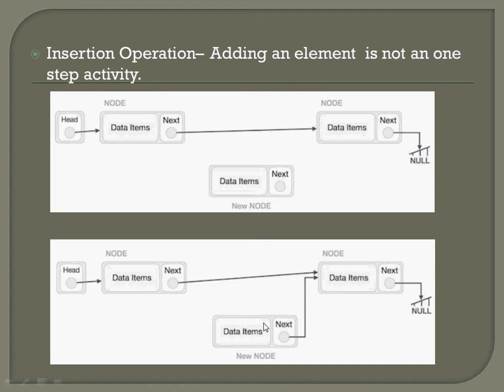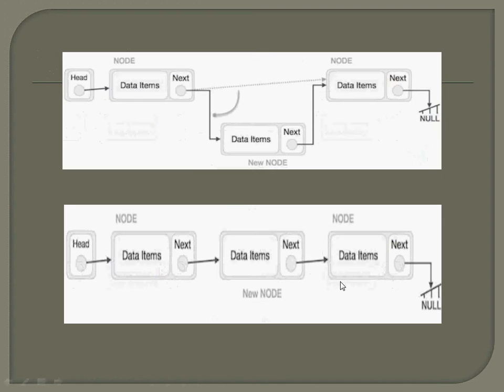So we are adding data item 3, and the next link of data item 3 will be connected to data item 2. The next step, we are deleting the link between the first element data item 1 and data item 2 and establishing the connection to data item 3.